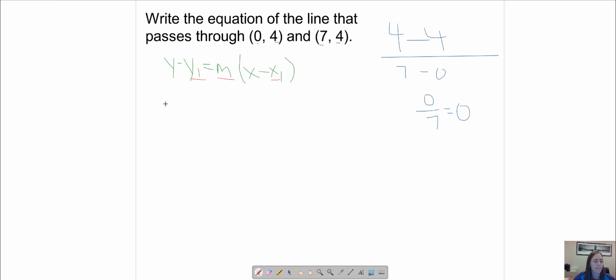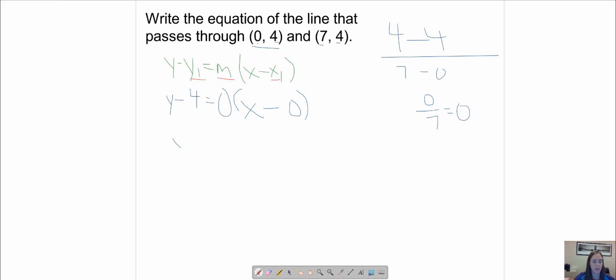I'm just going to go ahead and take this first point. So this is going to be y minus, and I put the y for my point, which is 4, equals my slope, which is 0, times x minus my x from that point, which is 0.